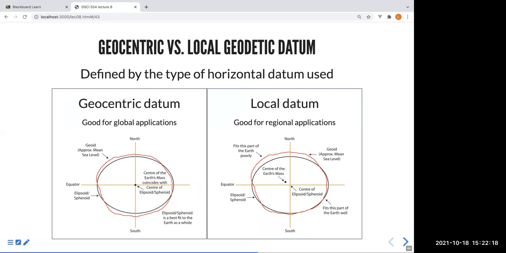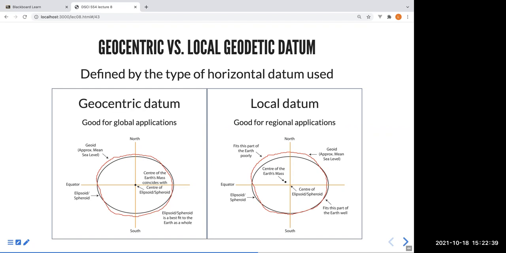So if you want to be accurate locally, then what you do is move your reference point to somewhere else, so that you can approximate better the surface of the Earth locally.